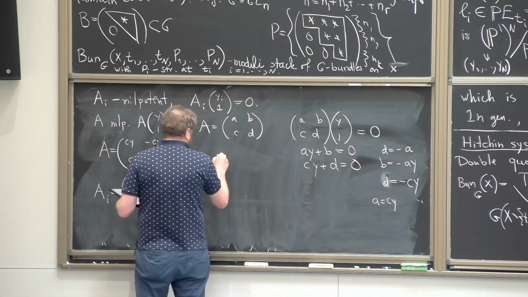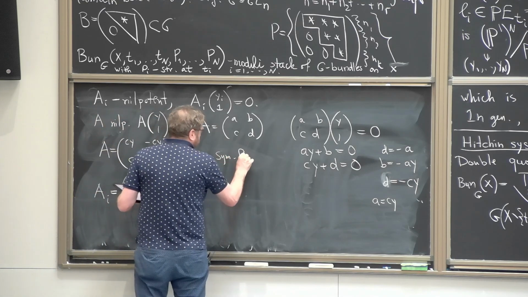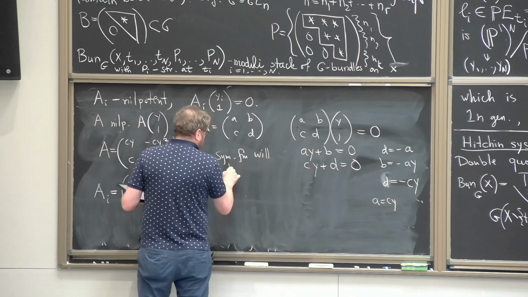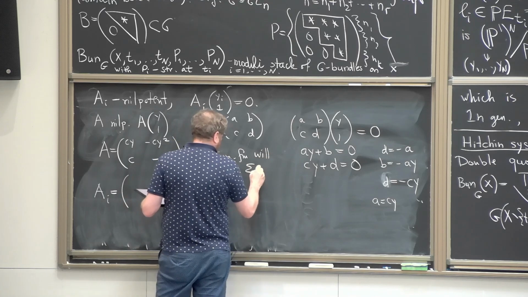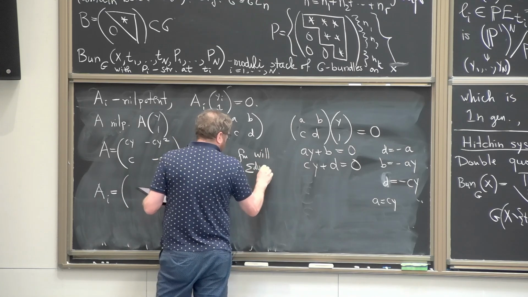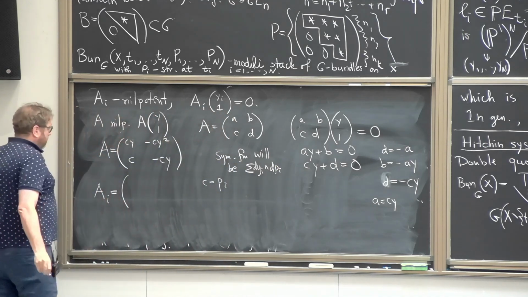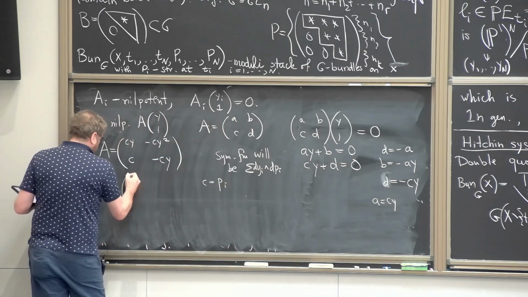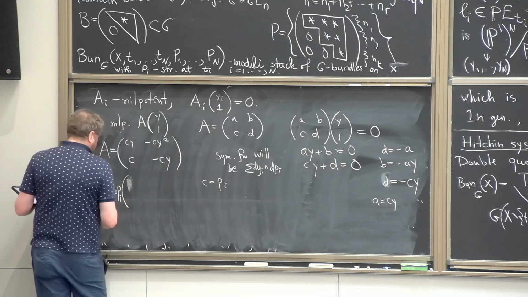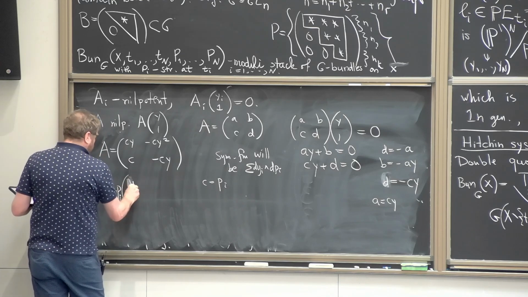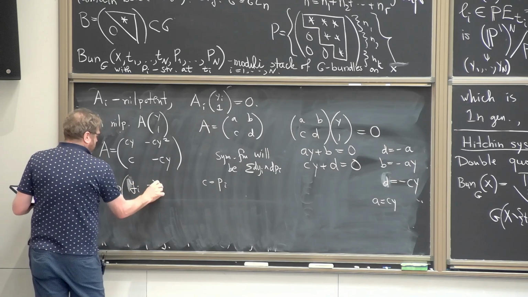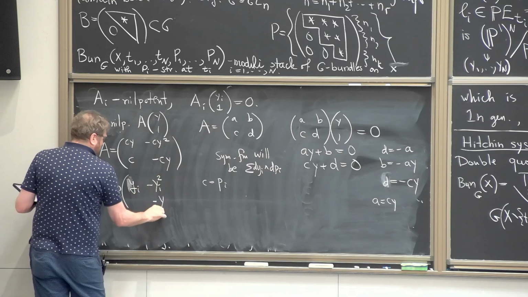So the symplectic form will be the sum of y_i dp_i. And then a_i is going to be p_i times the matrix with entries y_i, minus y_i squared, minus y_i, and 1.